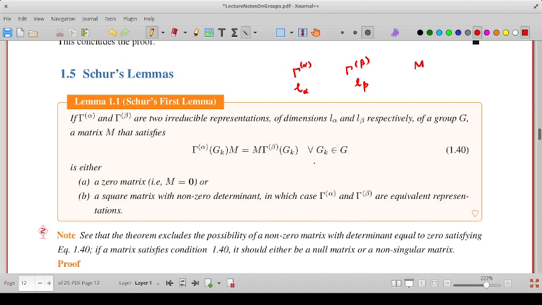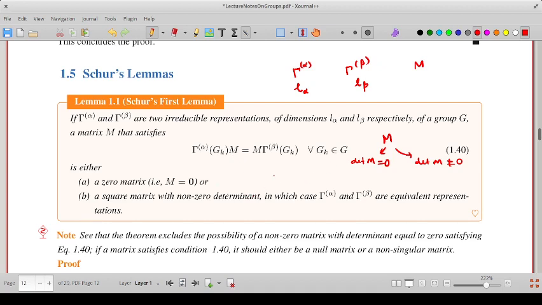So what are the possibilities for a matrix M? M can have determinant 0 or determinant M not equal to 0. But if it satisfies this condition, then Schur's lemma says that either M should be 0 or it should be a non-singular matrix.